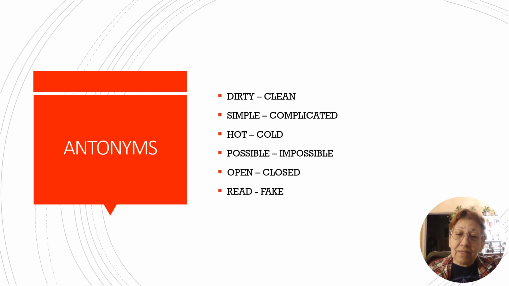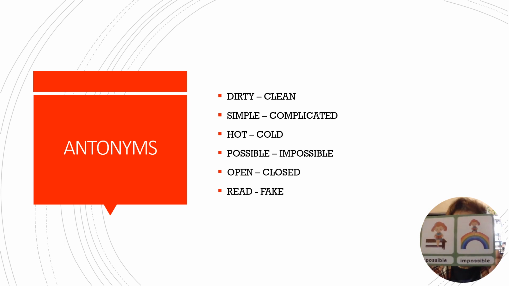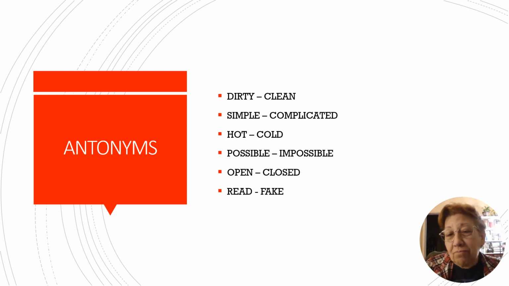The rainbow is in the sky, so I don't think she's going to be sitting up there. That's impossible. So you're getting the idea: impossible means it cannot be done, right? You can't sit on a rainbow. Impossible. Or possible. So yes, she could read a book sitting on a bench, right?